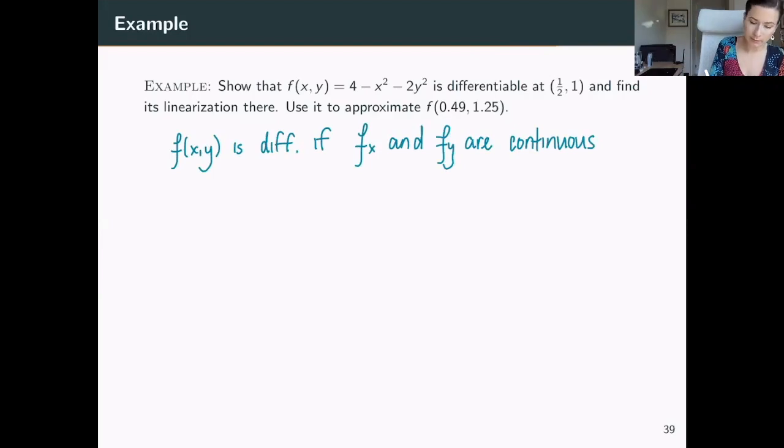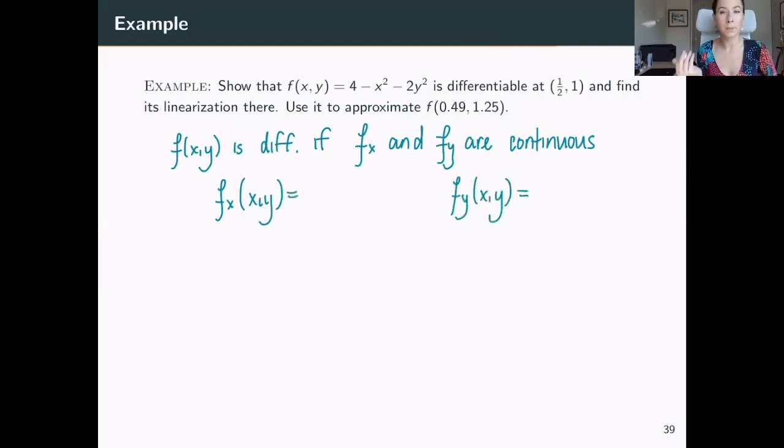So here we can evaluate the partials, fx and fy, at x, y individually. For the partial with respect to x, we have a constant, so it'll be 0, minus 2x plus another 0, because here minus 2y squared would be a constant.